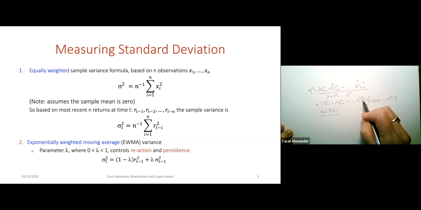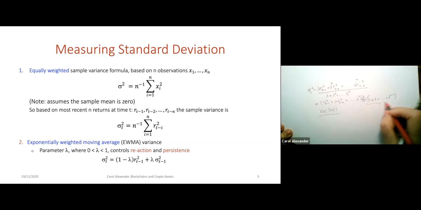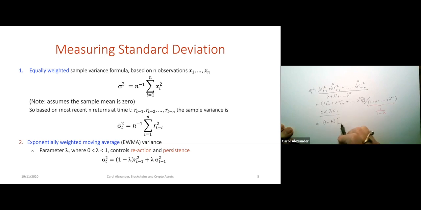And that's (RT minus n) squared. But those of you who've done mathematics at A-level, not everybody will remember that this is 1 over 1 minus lambda. That means that, forgetting about this thing there, we can rewrite this as 1 minus lambda on the top times (RT minus 1) squared plus all that.